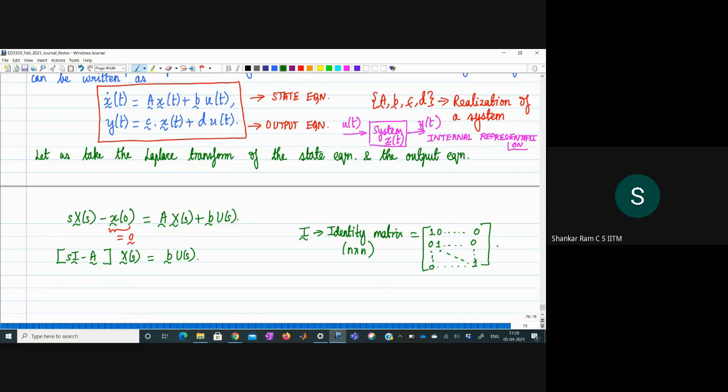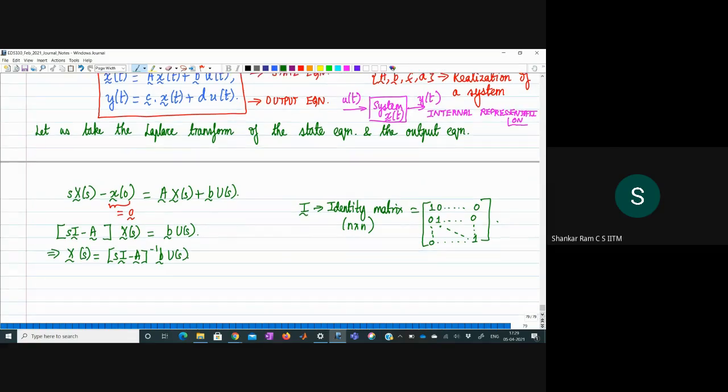That is the identity matrix I. Now, assuming that sI minus A is invertible, X(s) will be equal to (sI minus A) inverse times B U(s). So we have this expression.